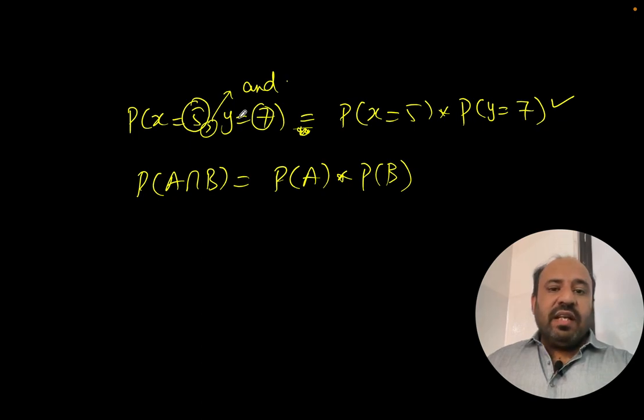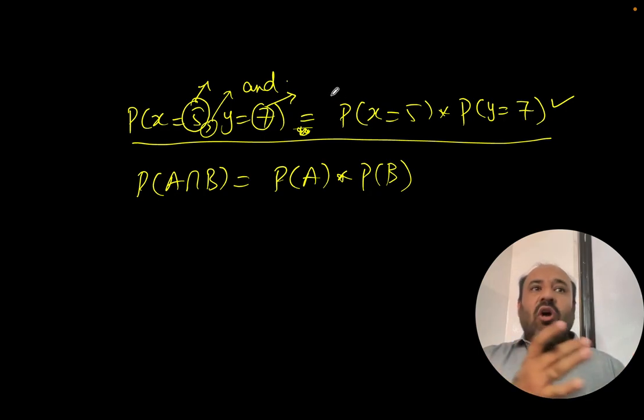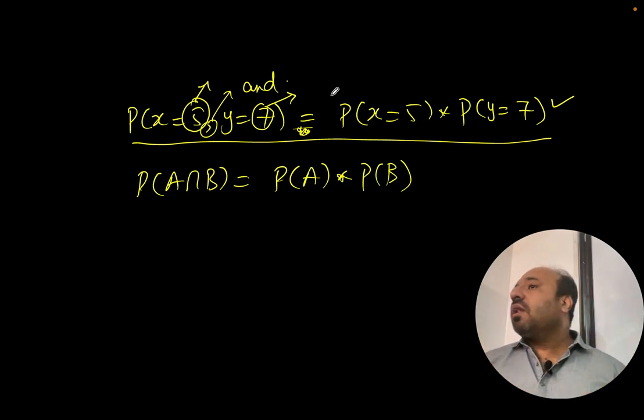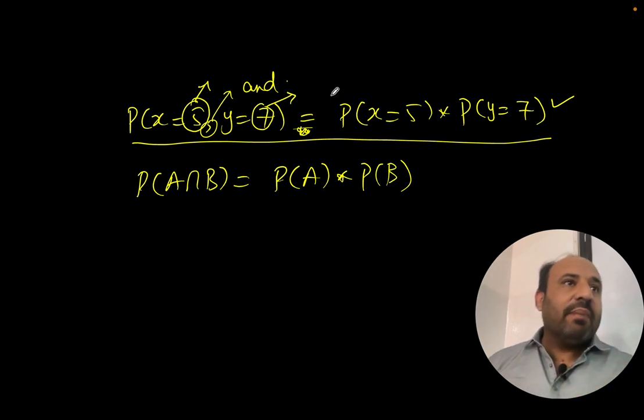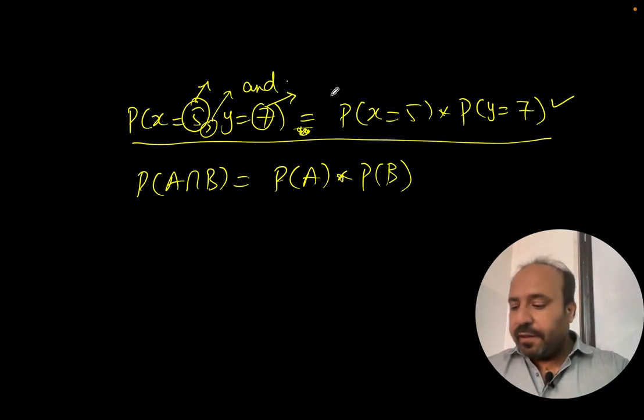We need to verify that this formula is true for every possible value of y and for every possible value of x. Not just for x is equal to 5 and y is equal to 7, the left hand side should be equal to the right hand side for all other possibilities too. If that is the case, then we say the random variable x and the random variable y are independent. Make sense? Yes. Okay, great.